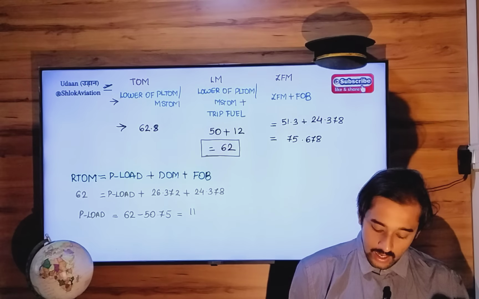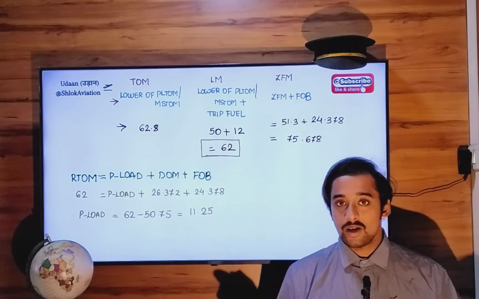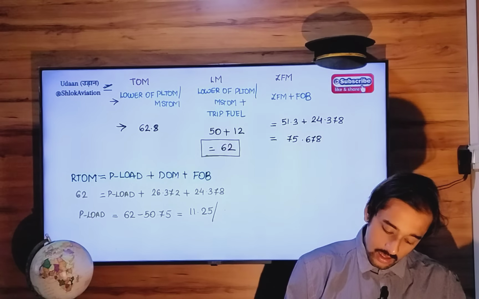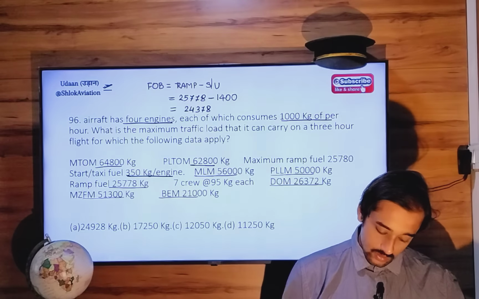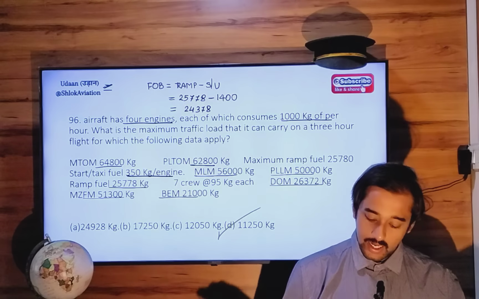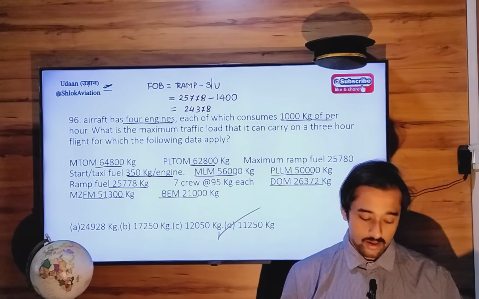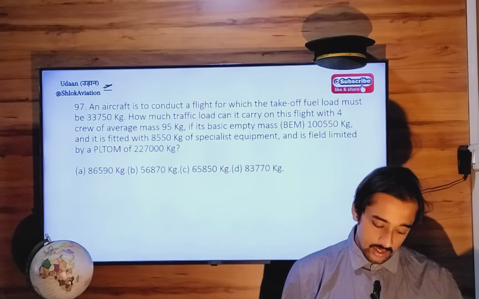That is equal to 11.25. So payload equals 11,250 kg. Okay. Option delta, 11,250.